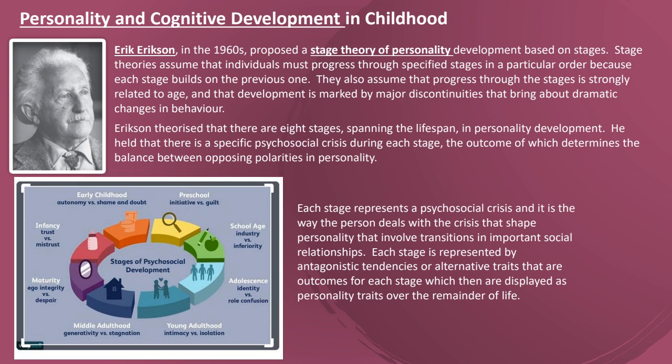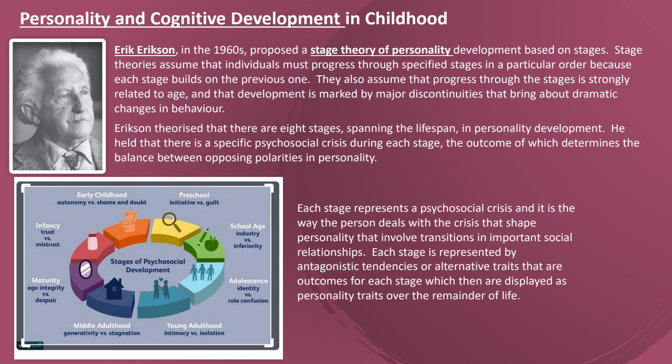And that crisis has to be resolved. It's the outcome of that resolution, whether someone learns to trust or to mistrust, which determines their personality development going on. So each stage is a psychosocial crisis, and the way the person deals with the crisis shapes the personality, which involves transitions in important social relationships.